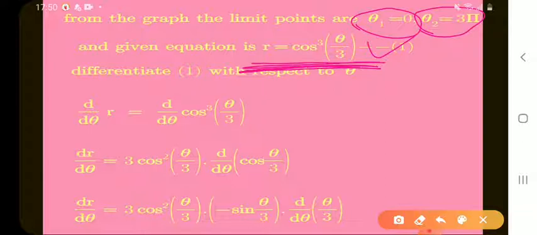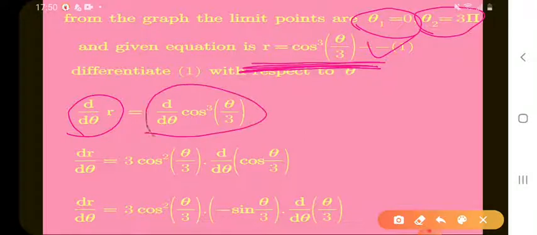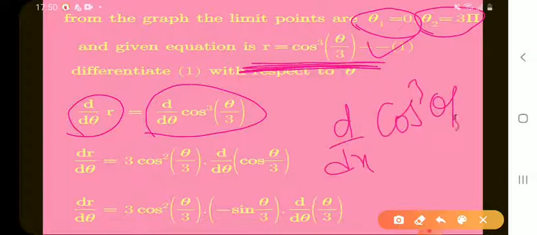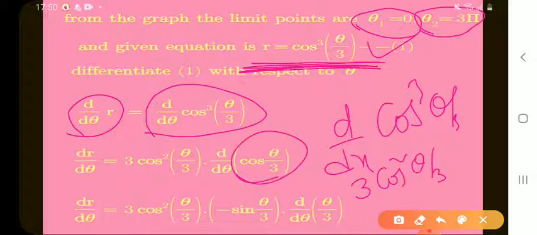Now first I find the first derivative of the given equation. Derivative means we differentiate the given equation with respect to theta. So I write d by d theta of R equals d by d theta of cos cube theta by 3. What is the differentiation of cos cube theta by 3? First I write 3 cos square theta by 3, and again I differentiate the cos term.